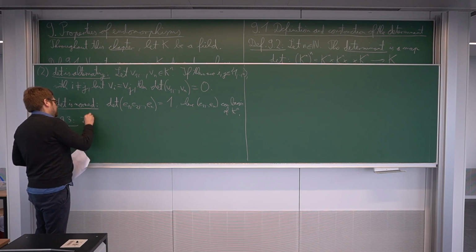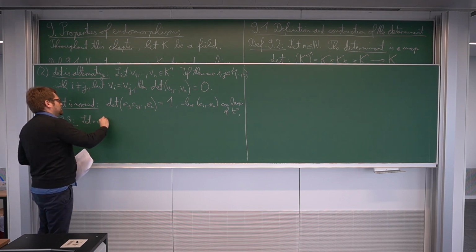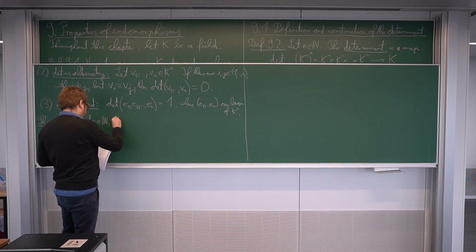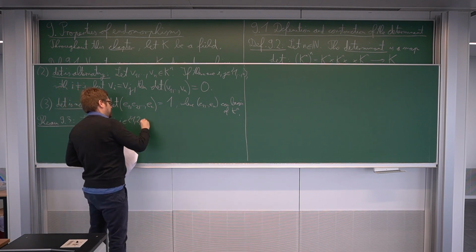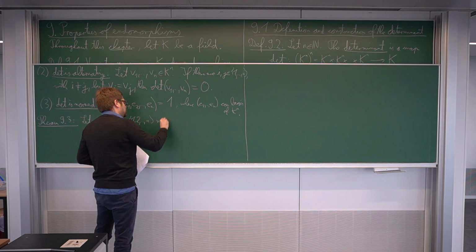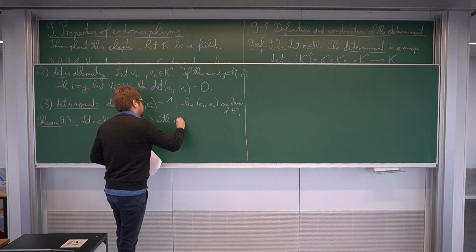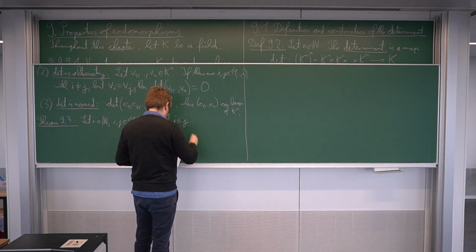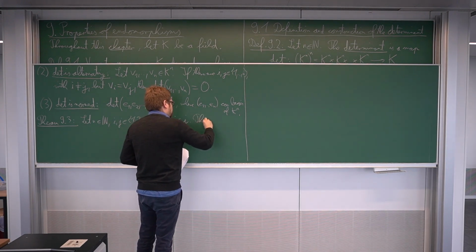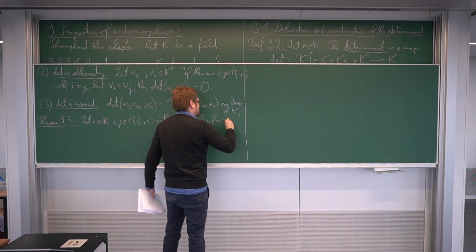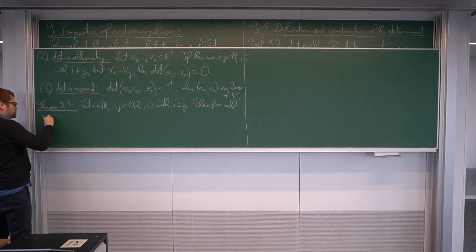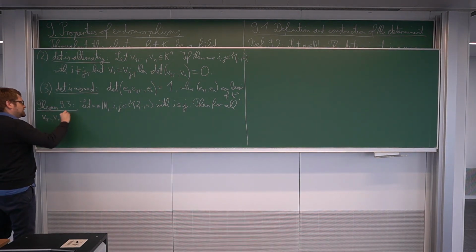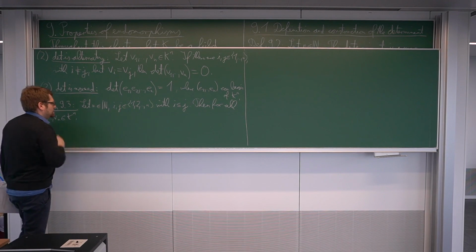Let n in N, and i, j between 1 and n, and just assume that i is smaller than or equal to j. Then, for all choices of vectors v1 to vn in k to the n, we get the following.